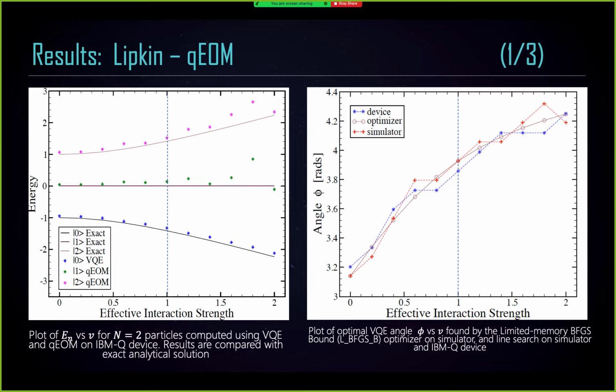What we see here is that as you go to this higher interaction strength, you get a little bit more effects, and so the algorithm becomes more sensitive to deviations from the ideal. This is an ideal angle that we find using an optimizer, and so we can look at the device. This is where you get big deviation, and that explains those results there.